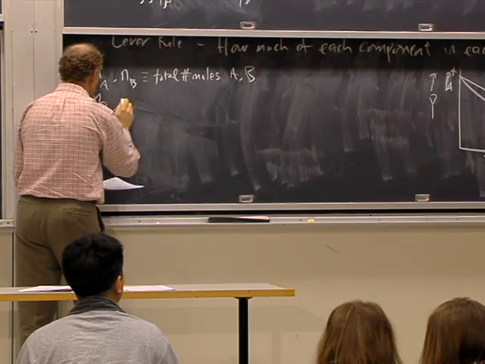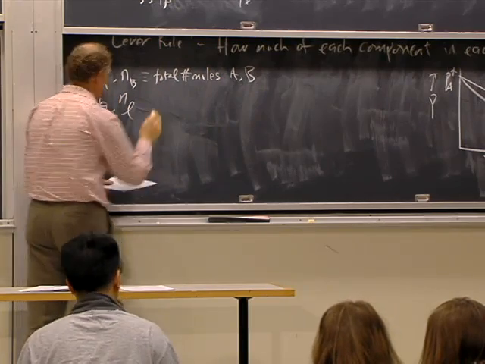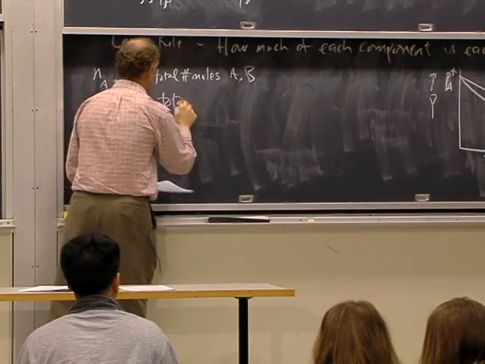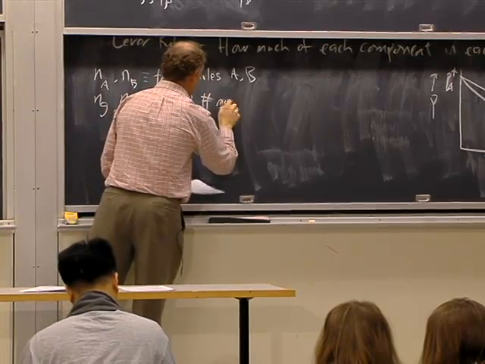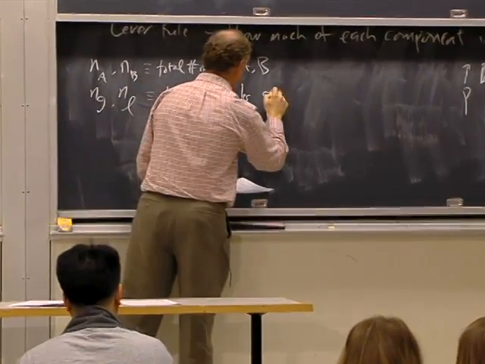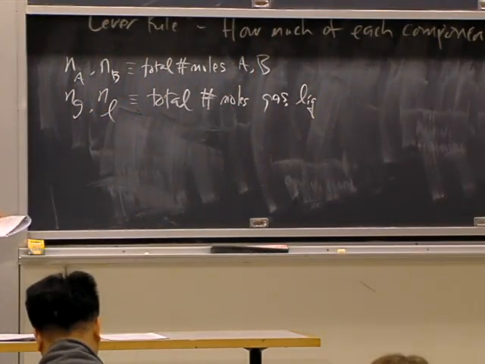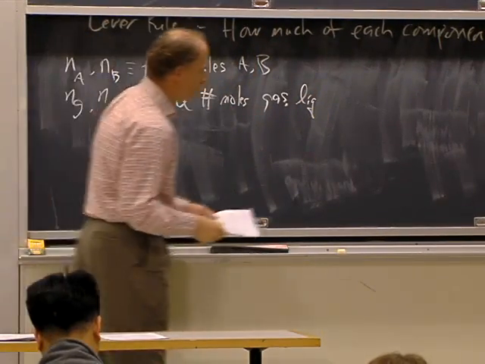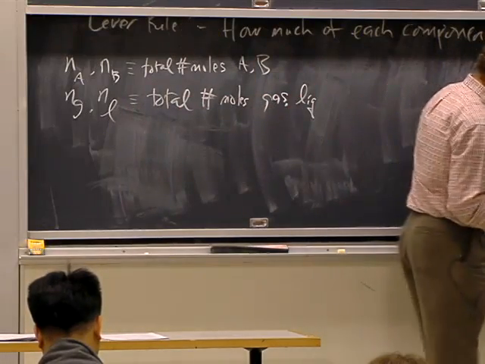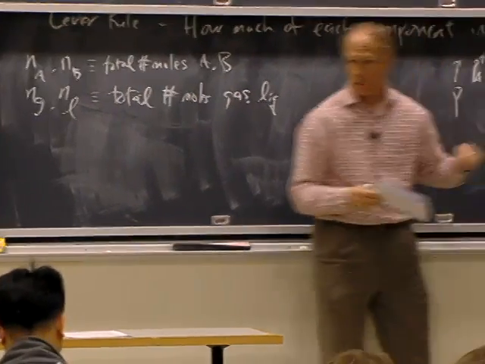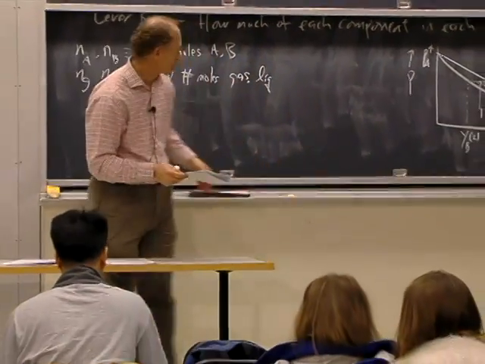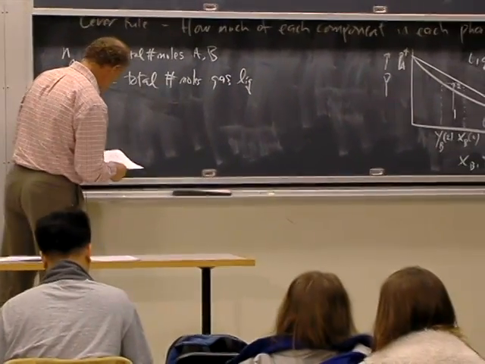And N gas and N liquid, of course, are the total number of moles in the gas and liquid phases. So let's just do the calculation for each of these two cases. We'll start with one. That's the easier case because then we have only the gas, right?